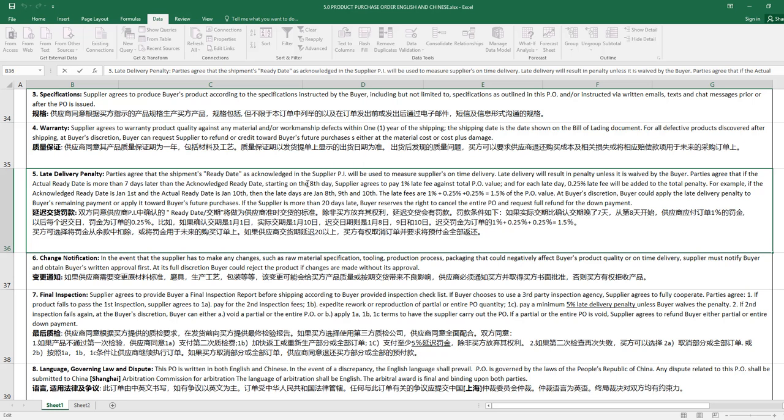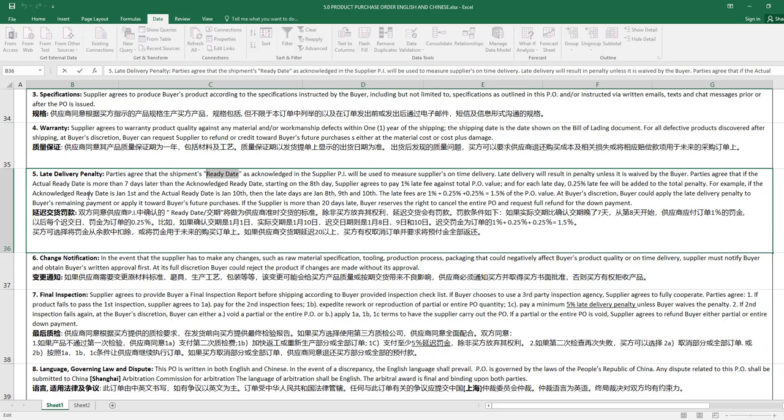Starting on the 8th day, the supplier will start to pay penalty. Once again, the late is measured against the ready date as acknowledged in their pro forma invoice. So guys, it's critical that the supplier gives you the ready date, and you are going to use the ready date to measure against their on-time delivery.